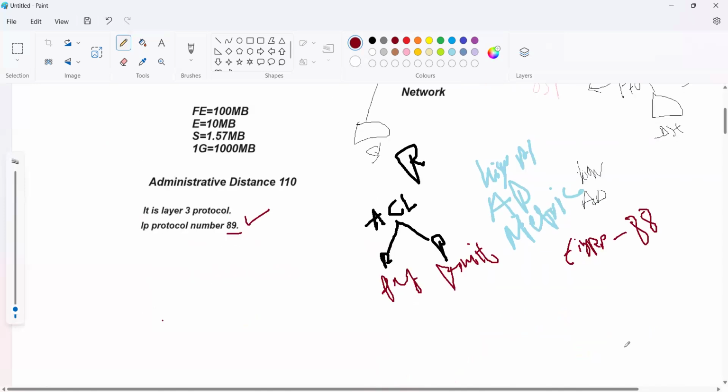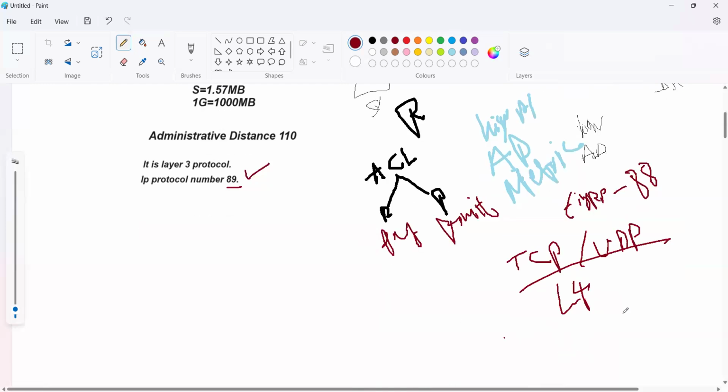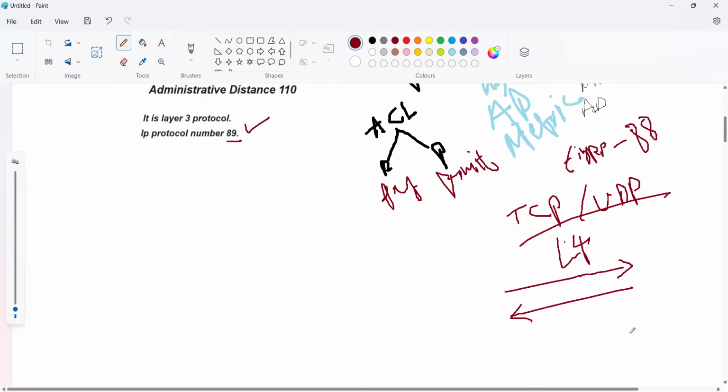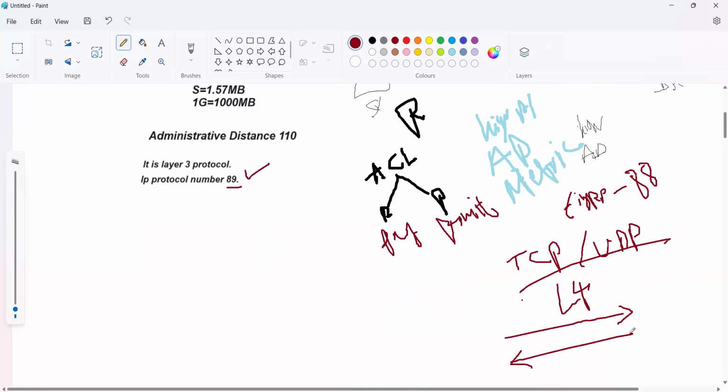So whenever traffic comes in TCP and UDP protocol, which work in layer 4, whenever we are sending and receiving traffic, we have to identify which traffic is coming, in which path, and on which protocol basis.